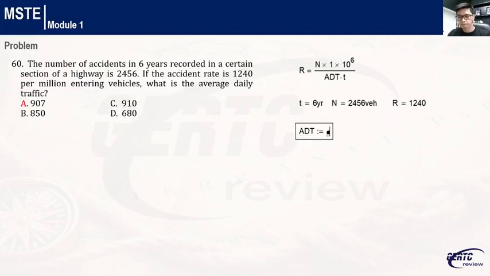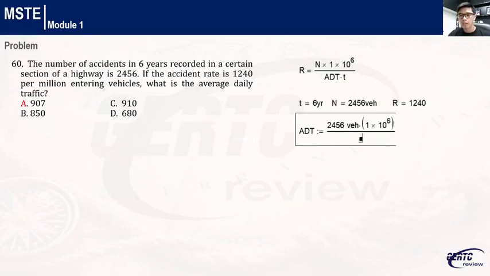That would be, the number of accidents, para makita nyo yung unit analysis, i-type na lang natin, times 10 raised to 6. Okay, so divided by, yung R natin is 1 to 40, times time. Time natin is 6 years.